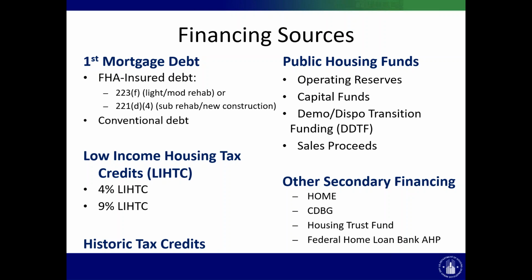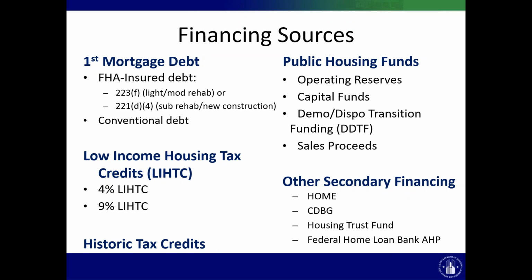Very common in RAD transactions is the use of low-income housing tax credit. Most common, because it's generally available in most states, is the 4% low-income housing tax credit, which is provided as of right when there's an award of private activity bonds to a property. A number of RAD conversions have also successfully competed for 9% tax credits.